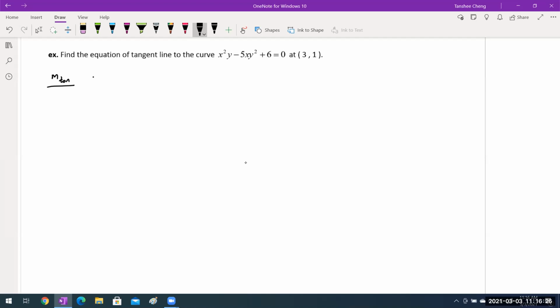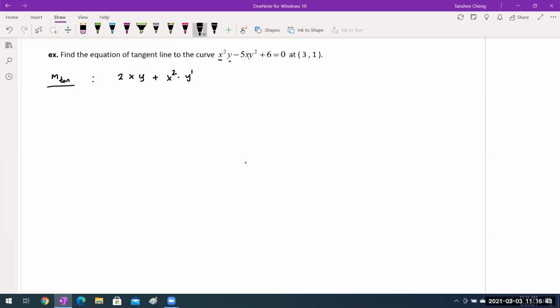Taking the derivative with respect to x on this part will be 2 x to the first power y, the derivative of the first term, plus the derivative of the second term, which is x squared times y prime.